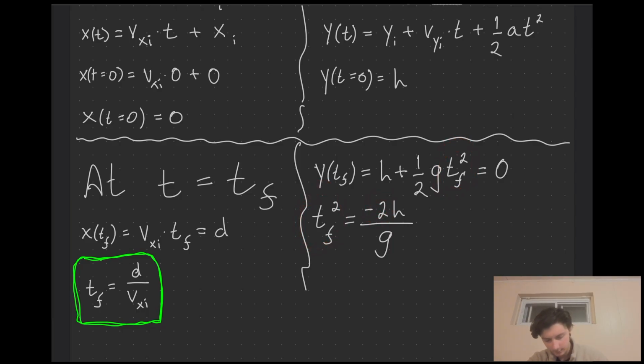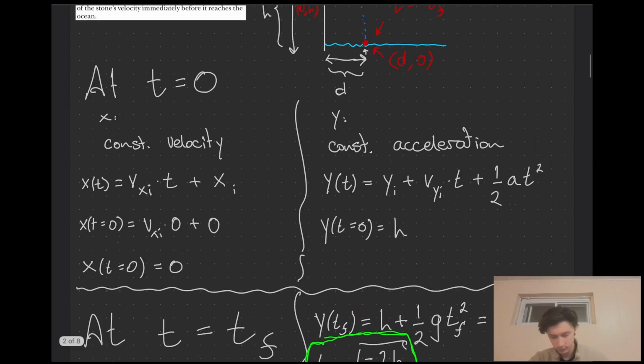If I want to isolate for it further, I can square root both sides, and I will get this over here, which is the next equation that I'm going to kind of outline in green. So this is an answer because what we have is h and g and t final, and here is the number 2 and a square root.